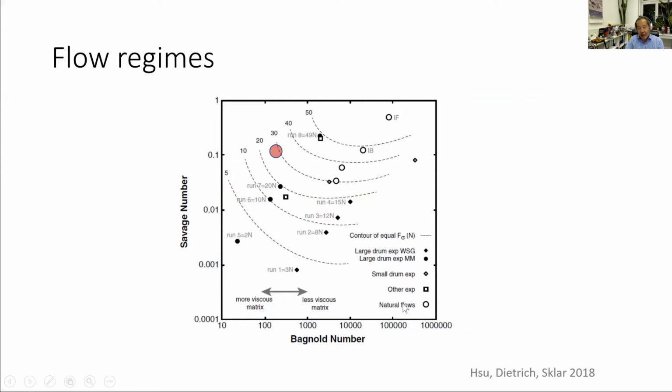They also look at natural debris flows, and you say in which regime you are, whether in a more viscous matrix or less viscous matrix, whether frictional or towards an inertial regime. I sometimes had a look at our testing and numerical calculations, where two guys made a prediction with your testing data.